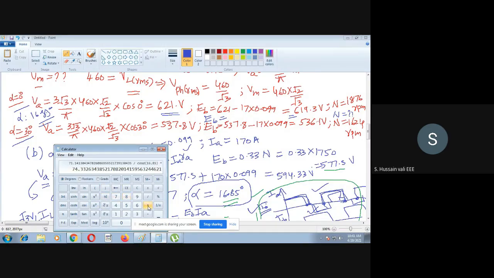That we multiply with the remaining factor, 3 root 3 by pi into Vm, which is 621. As of now, we have been doing this, there is no doubt in that. So 0.957 times 621 gives 594.33.